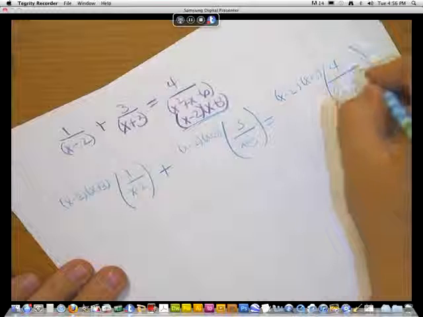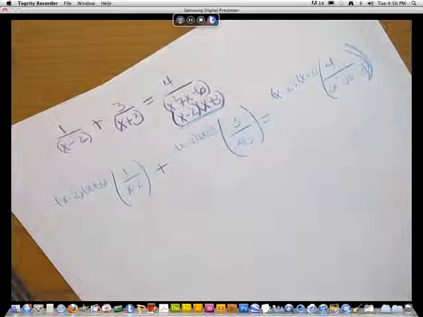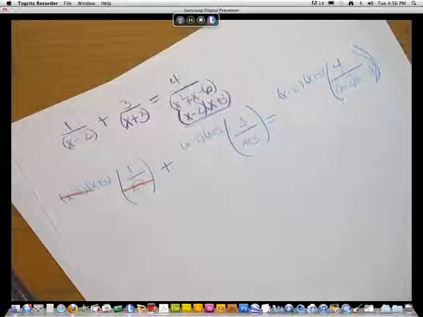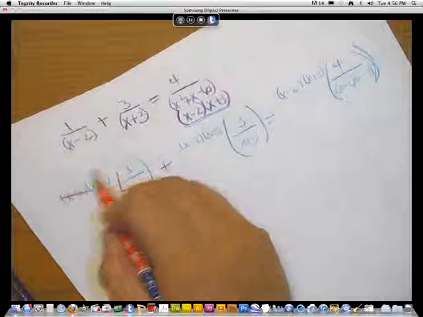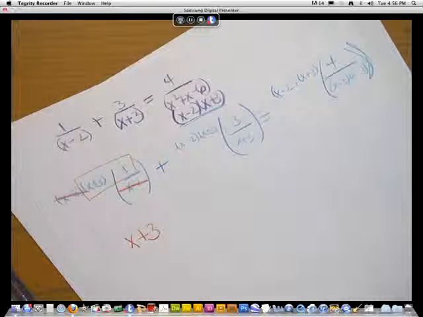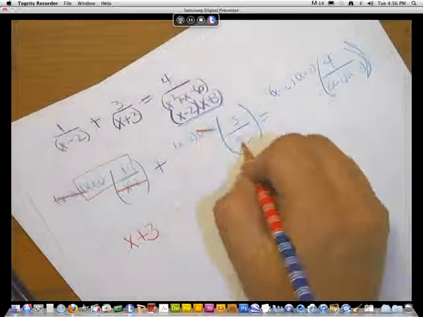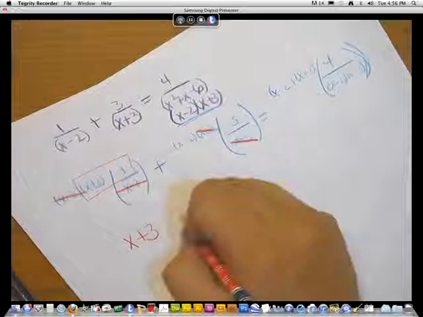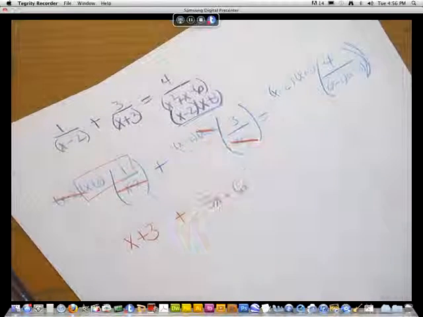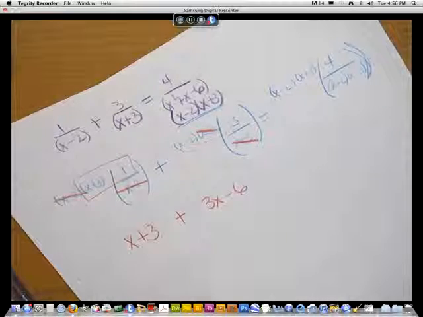Now, when I do this, the x minus 2 will cancel the x minus 2, leaving 1 times x plus 3. The x plus 3 will cancel the x plus 3, leaving 3x minus 6, because we have to distribute.